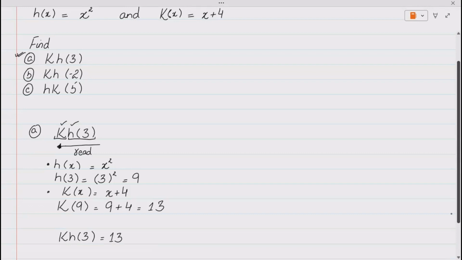Okay, let's do part B. In part B, we have kh of minus 2. Again, we have to read it from right to left. So we have minus 2 and h. First we have to do h of minus 2. h of x is x squared, and h of minus 2 is minus 2 squared, which is 4.